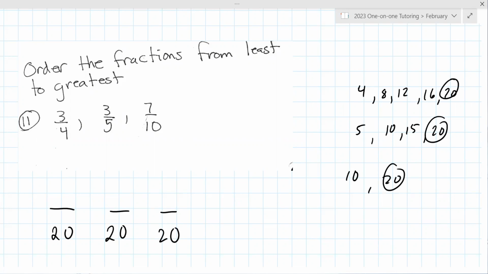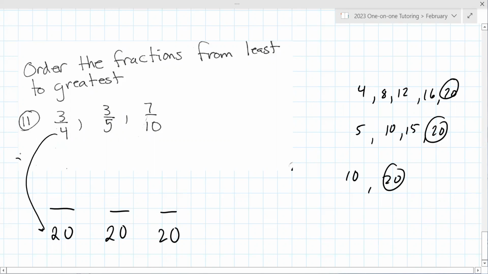Are they in order? Well, give me the new numerators. You're multiplying the bottom by 5, so multiply the top by 5. 3 times 5, 15.